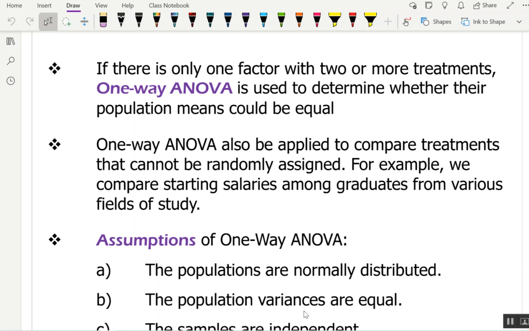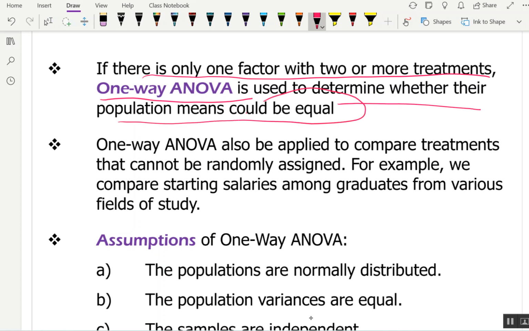Unrelated, yeah. Okay. So if there is only one factor with two or more treatments, one-way ANOVA is used to determine whether their population means could be equal. When we test this, we would have a null hypothesis and an alternative hypothesis involved.